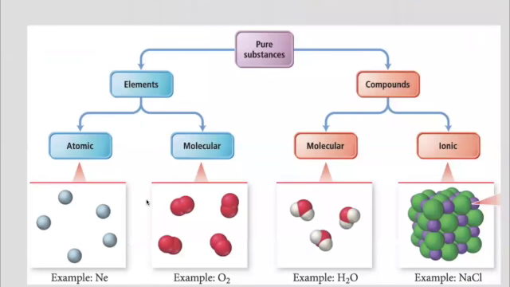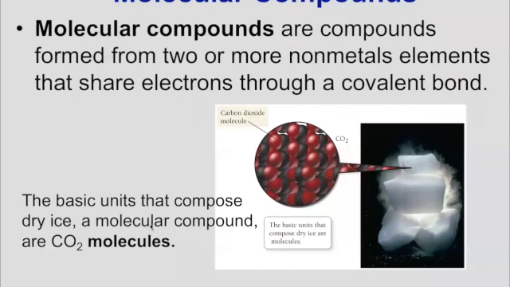Then when we have compounds, meaning that we're gonna go on this side of the chart. When we have compounds, meaning that we have atoms that come together, either two nonmetals or a metal and a nonmetal. So molecular compounds are going to be when you have two or more nonmetals come together.